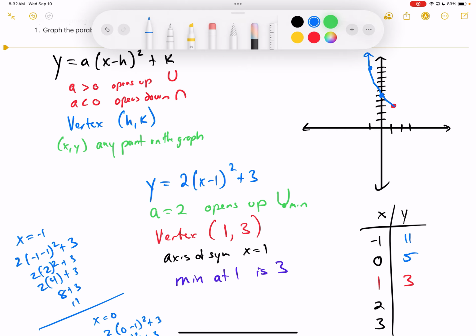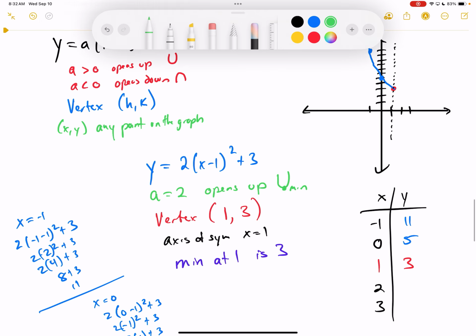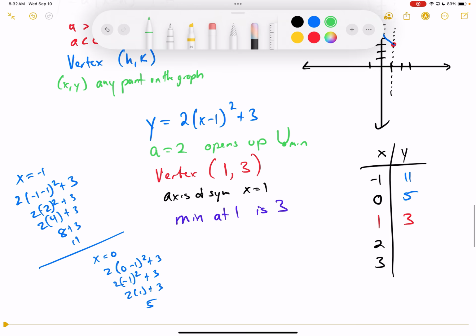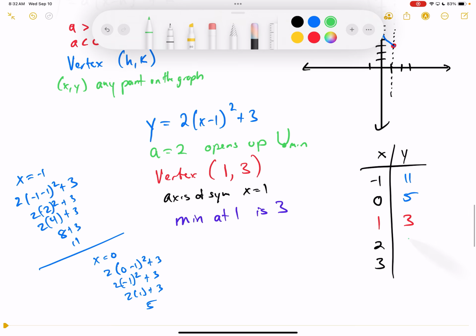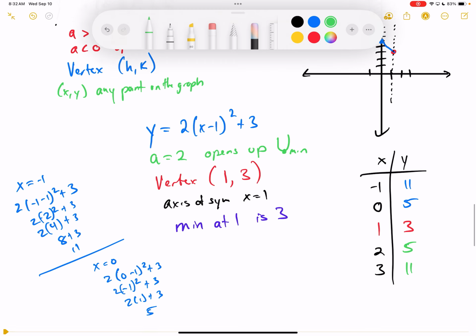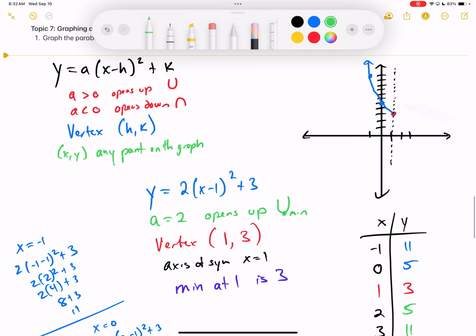My axis of symmetry, what was it? X equals 1. I can just use symmetry for the other parts. So I went 1 to the left and I went to 5. I went 2 to the left and I went to 11. You only had to plug in the left and then you can use symmetry to find the right. So I go to 2, 5 and I go to 3, 11.